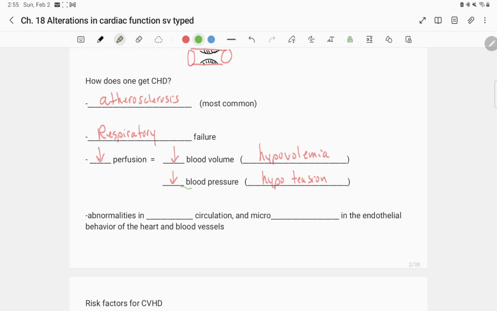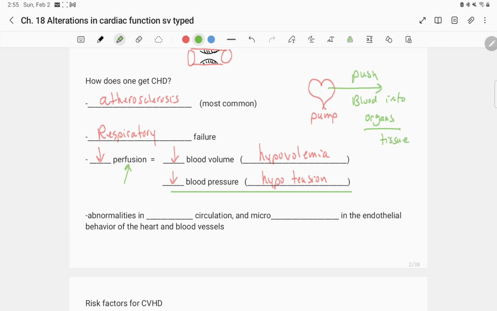Okay, if a person is experiencing too low of blood pressure, then there's not enough pressure to actually perfuse the organs. So in other words, the heart, which is a pump, needs to squeeze hard enough to push blood into organs and tissue.